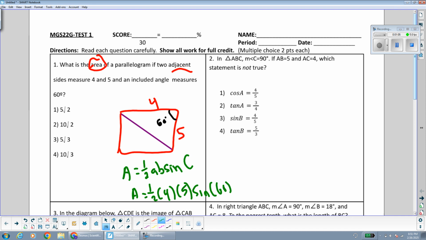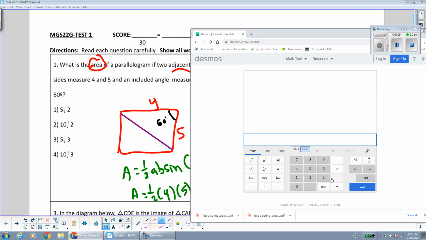And since it's a multiple choice question, I'm just going to type everything into my calculator. 1/2... About 8.6.